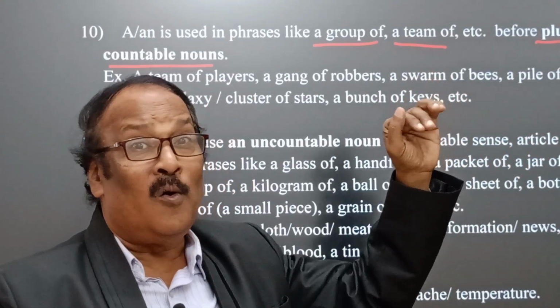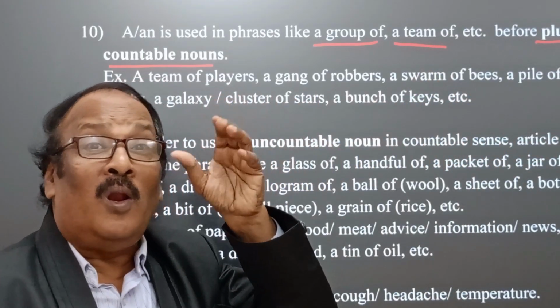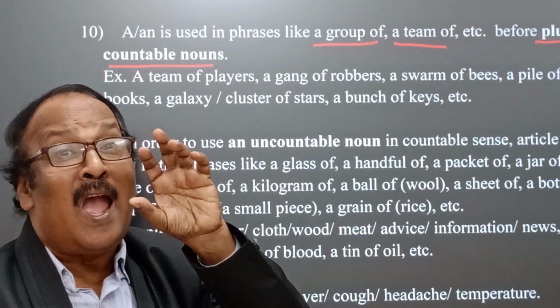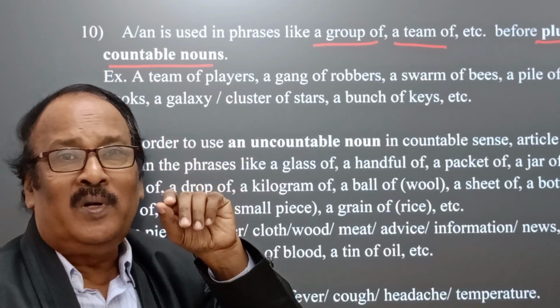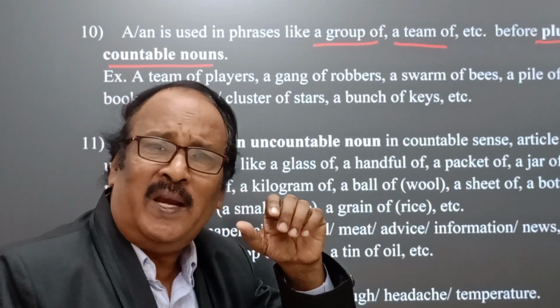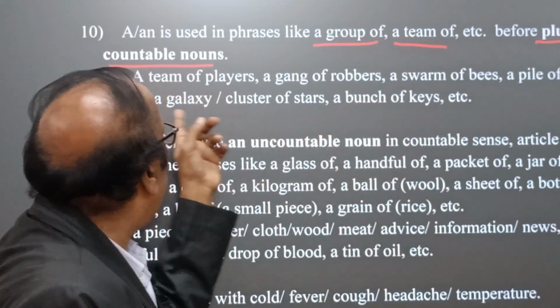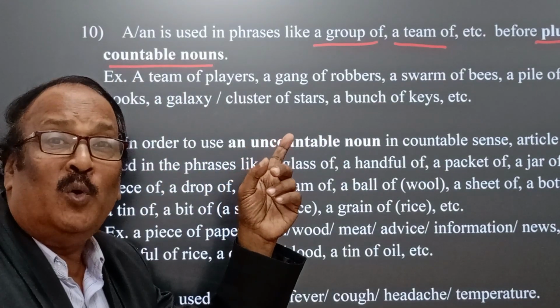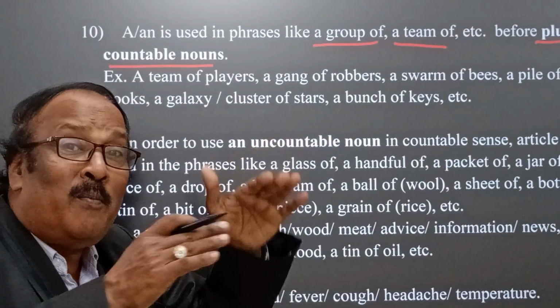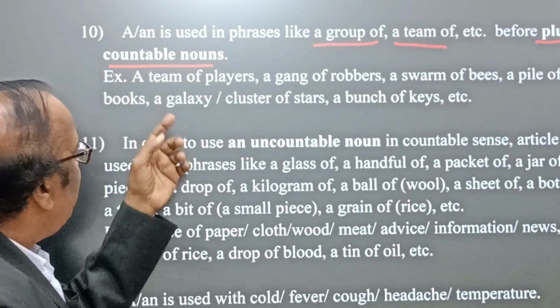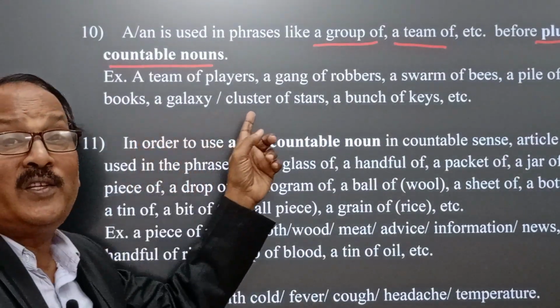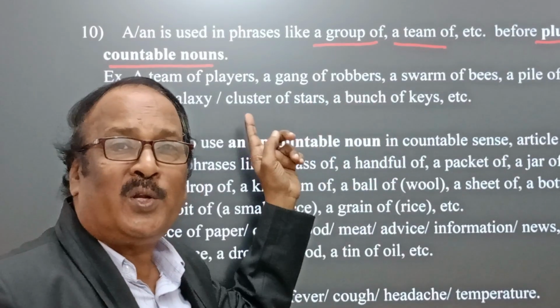You see here how these are collective nouns: swarm, gang, group, team, regiment. These are collective nouns. And here, a pile of books. We cannot say a books, but we can say a pile of books. A galaxy of or cluster of stars.